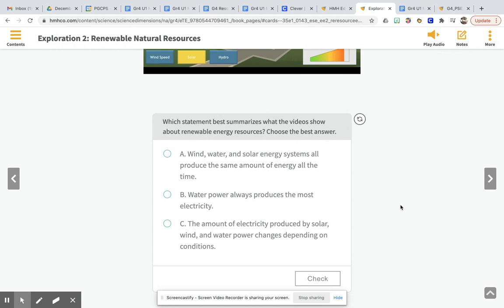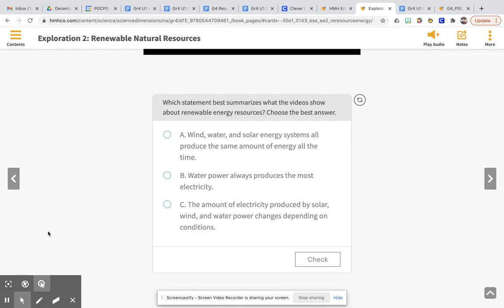Is it A, wind, water, and solar energy systems all produce the same amount of energy? Is it B, water power always produces the most electricity? Or is it C, the amount of electricity produced by solar, wind, and water power changes depending on conditions? Pause the video and discuss at this time.